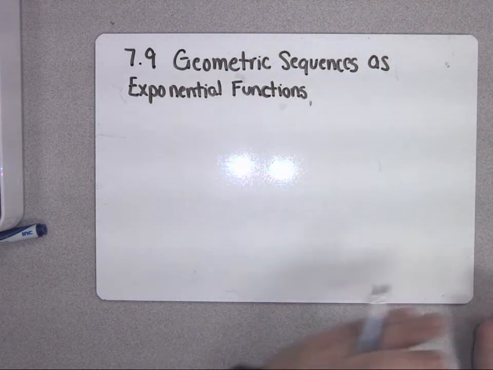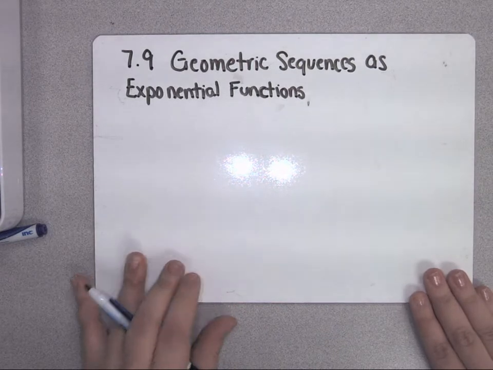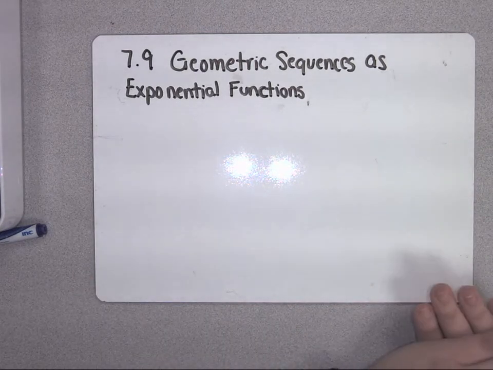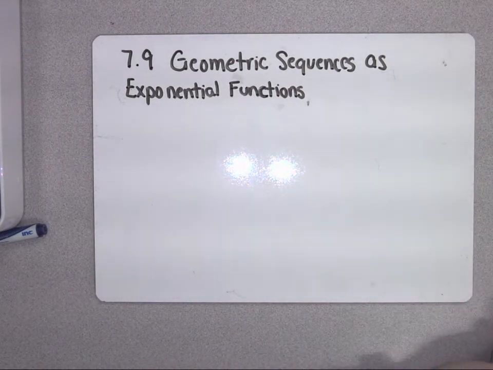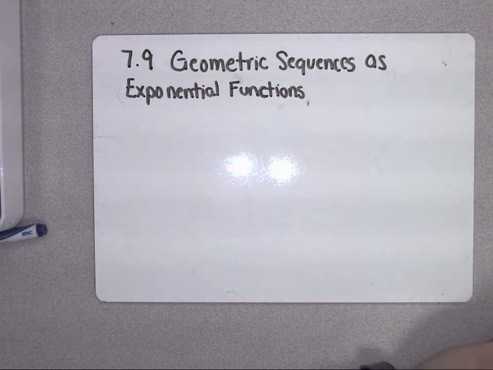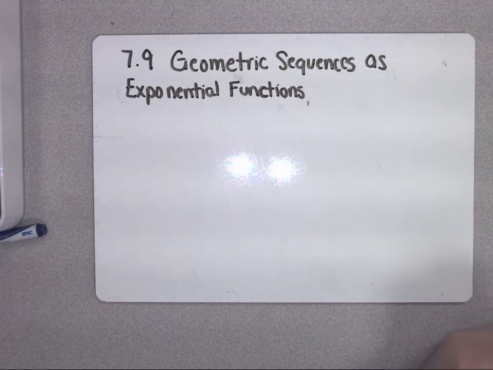So we talked about arithmetic sequences earlier on in other chapters. Does anyone remember what an arithmetic sequence is? Arithmetic is one word, and a sequence means something else. What does a sequence mean?